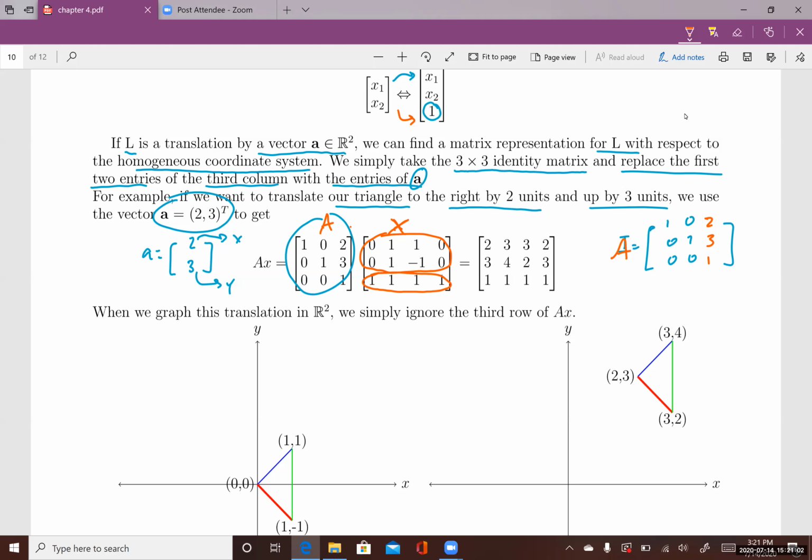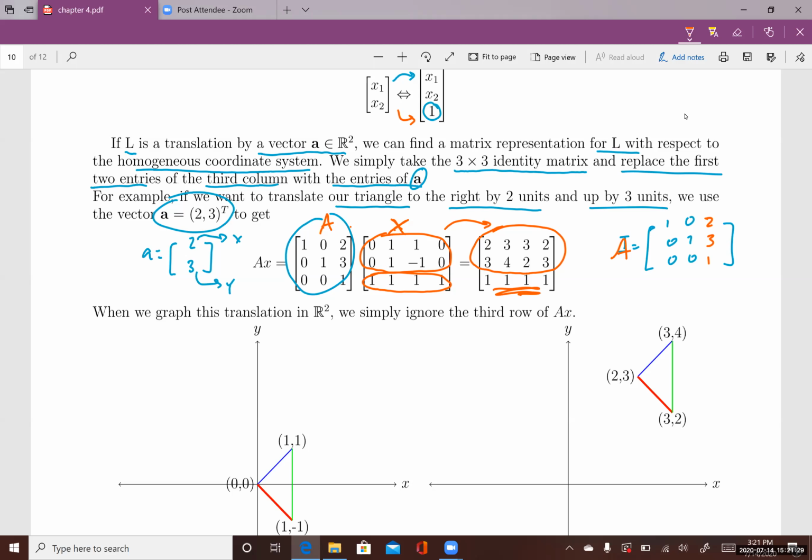And then we have new coordinates for our triangle. To get the new coordinates, you take the first two rows of the new matrix, and the last row is more or less like a placeholder in R3. It will be ones. We can ignore it for now.